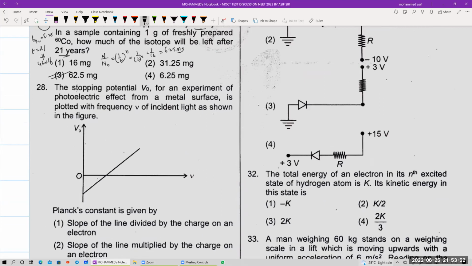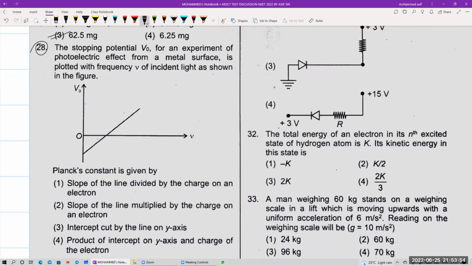Direct question. Question number 28, again dual nature, that is, a photoelectric effect question basically. The stopping potential V naught for an experiment of photoelectric effect from a metal surface is plotted with frequency nu of incident light as shown in the figure. Stopping potential versus frequency has a formula. Write the photoelectric equation, beta: energy will be equal to work function plus kinetic energy.